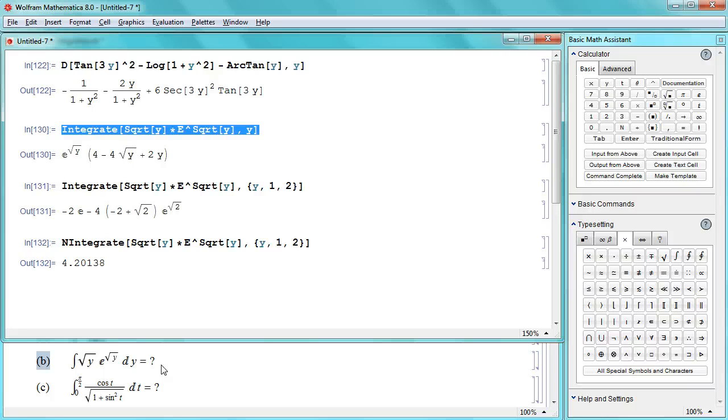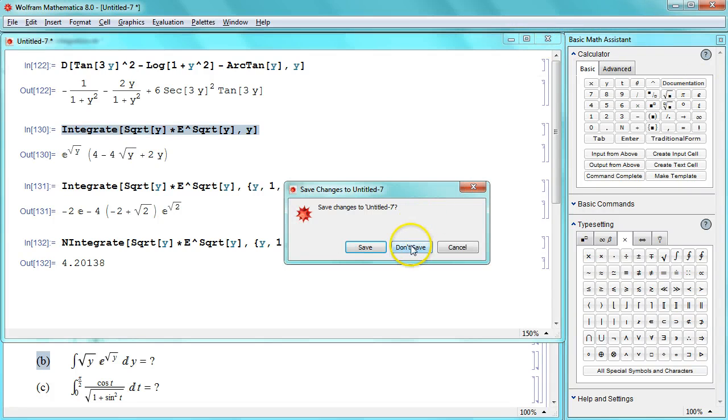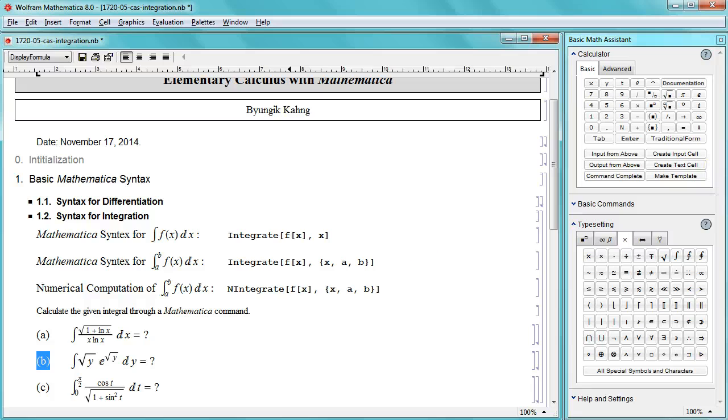So let's discuss how to pull up these mathematical symbols down here, and also what the list of Mathematica commands, functions and so on that we will be using are. And rough answers will be given in the right hand side box over here, where I'm moving my mouse around. Basic Math Assistant. So let's discuss how to get this Basic Math Assistant and how to use it.